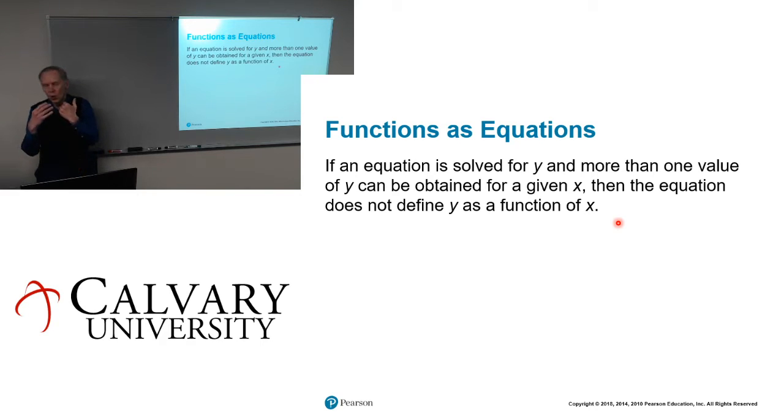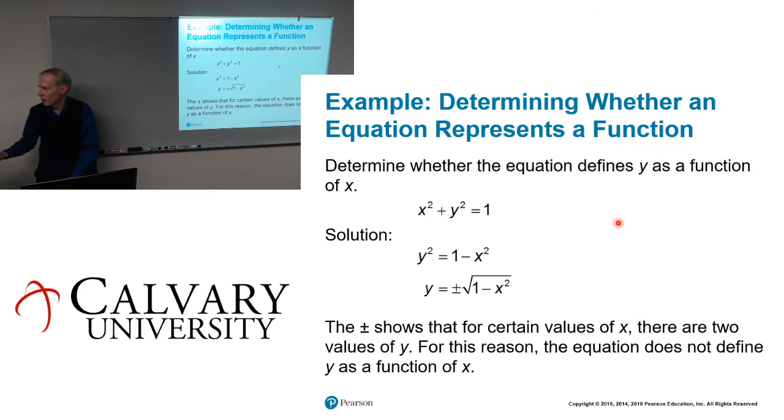All right, so when we write functions as equations, then we have y in terms of x. So these are examples right here, but notice this particular one where you have an x squared and y squared. When you want to make y the subject of the equation, or y on the left-hand side, since you have y squared, y is equal to plus or minus the square root of this entire quantity.